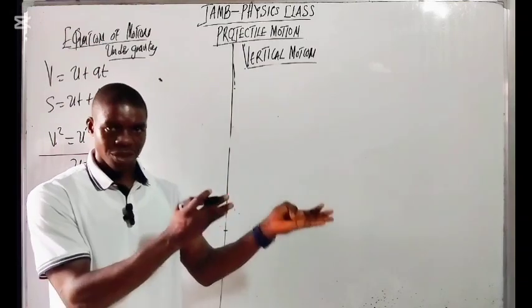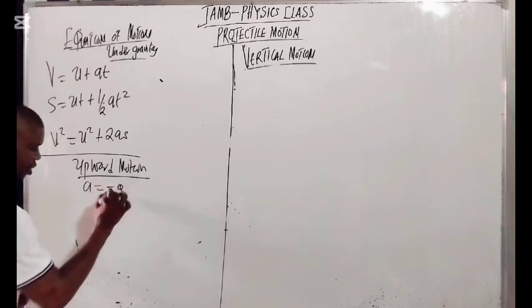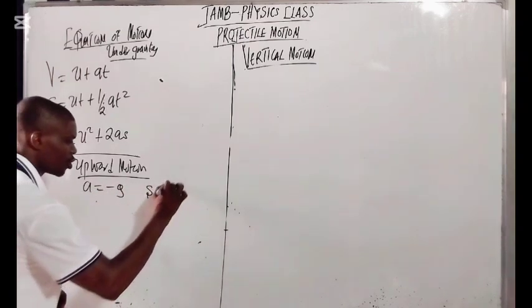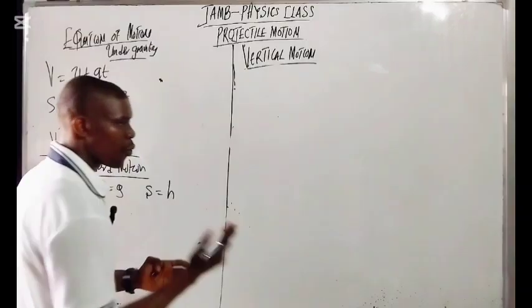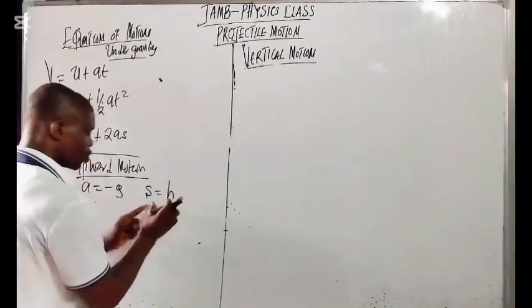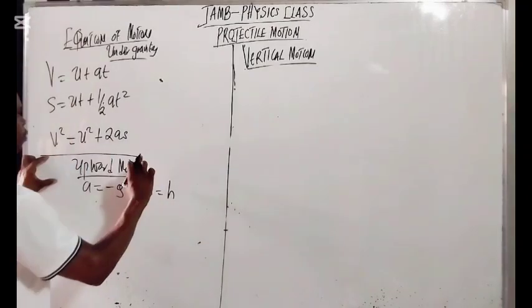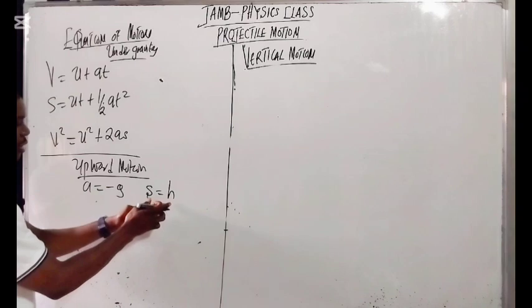Do you understand? So in the upward motion, my a is always equal to minus g. My x is height, right? Remember, x is horizontal distance, but when we talk about projectile, we are talking about the height of the object. So for upward motion, a equals minus g and x equals h, right?